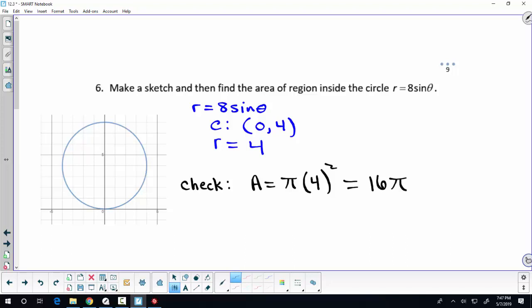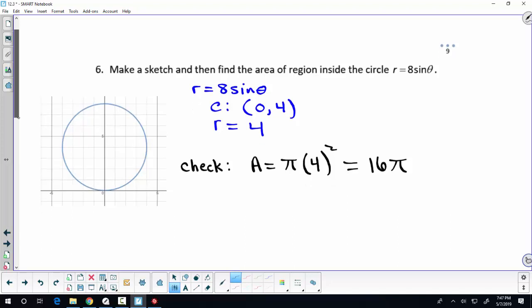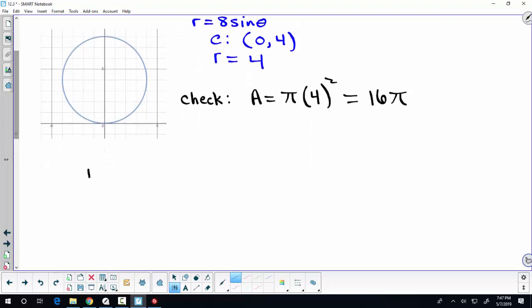So once we construct the integral and evaluate that, we should get 16 pi. All right, so let's then set up the integral for this. There's a couple of ways we could approach this. Usually utilizing symmetry saves you a lot of effort with these integrals.